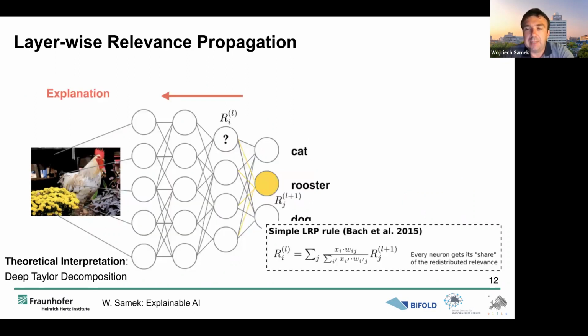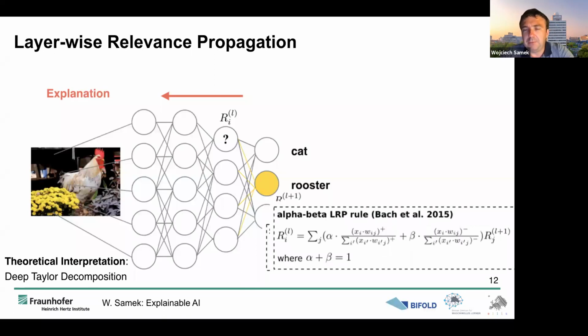So this Xi here tells you that the higher the activation, the more relevance it should get. The other factor is this Wij, which is the connection between these two neurons, between these two layers. The more connected they are, the more relevance should flow along these lines. So the idea is to proportionally redistribute relevance from the layer above to the layer below.